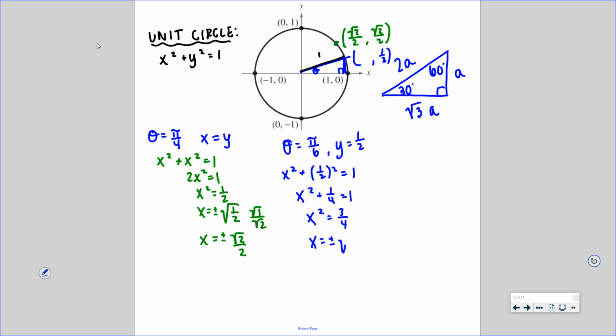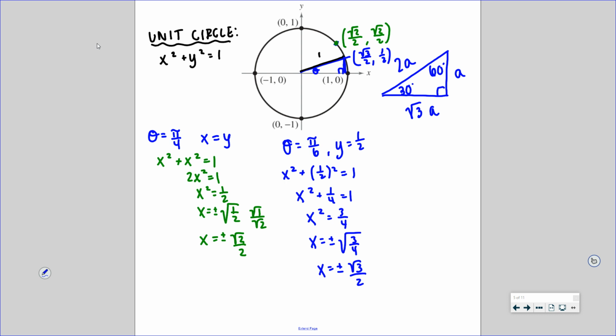You get plus or minus the square root of 3/4, which, square root at the top, square root at the bottom, becomes square root of 3 over 2. So that ordered pair right there is square root of 3 over 2, 1/2. We're golden.